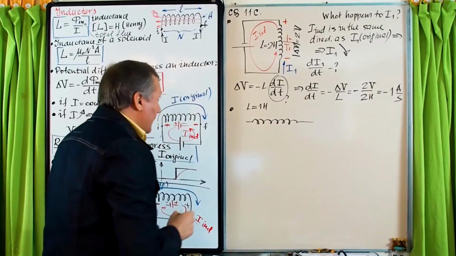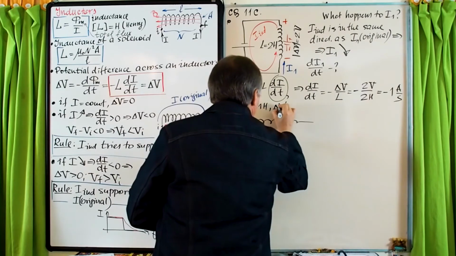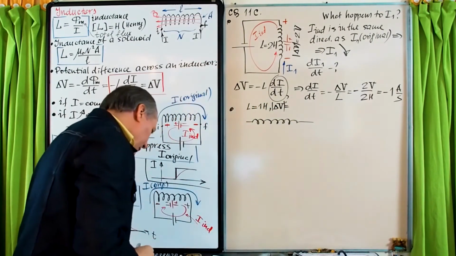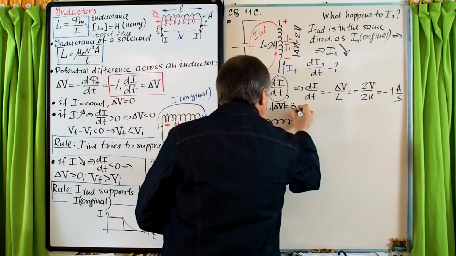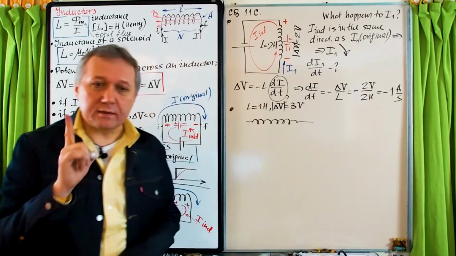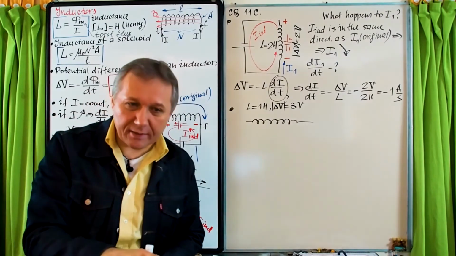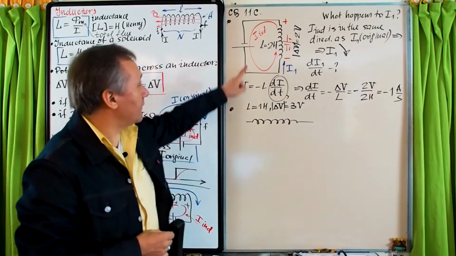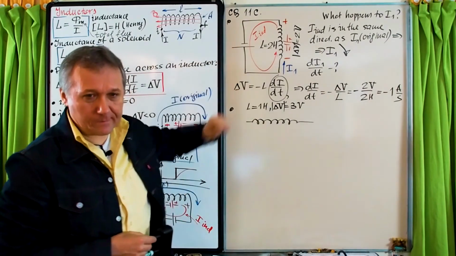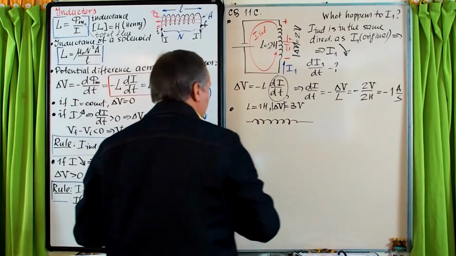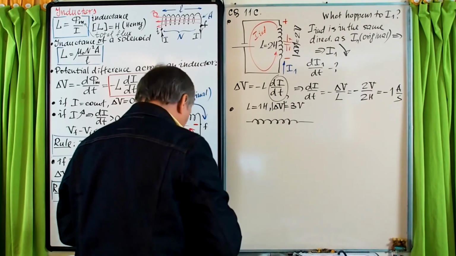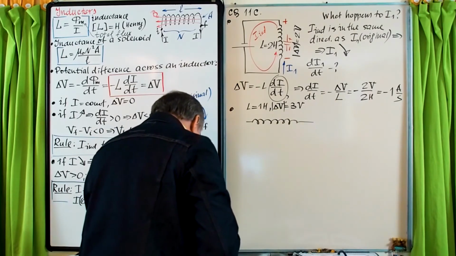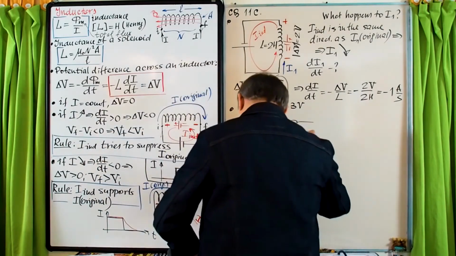Then absolute value of delta V equals 3 volts. Again, it's a delta V produced by the solenoid across the solenoid. It's not delta V of this battery. That's what is produced by the solenoid. And we know the direction of the original current, this way.